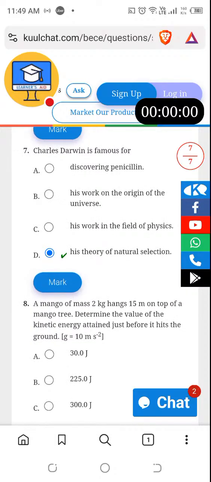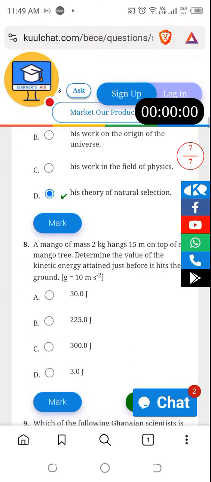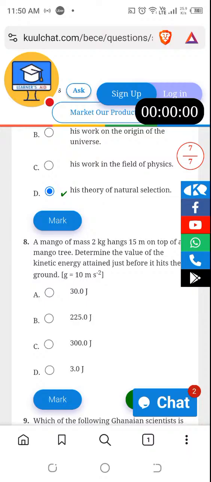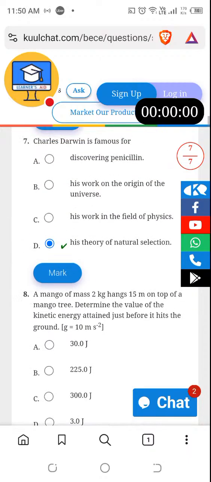So a mango of mass 2 kilograms, and the height is 50 meters from the ground. We are supposed to calculate the kinetic energy attained just before it hits the ground. The formula for kinetic energy is half times mass times velocity squared, but we do not have velocity in the question.